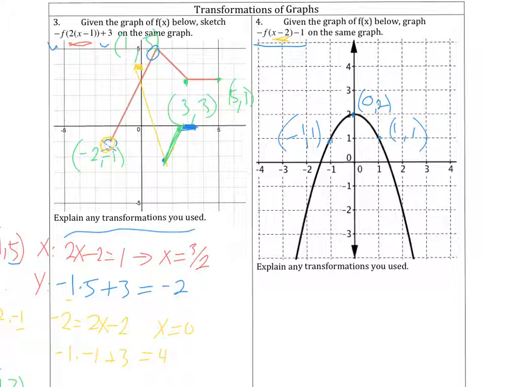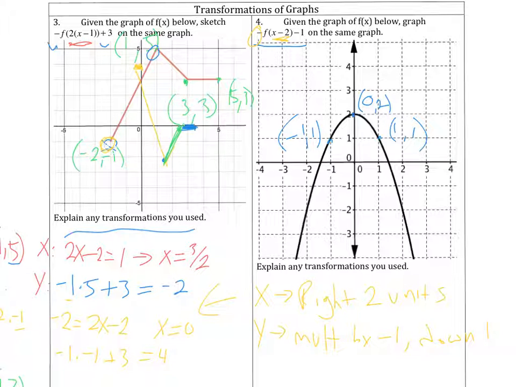That's going to be kind of the key to set off between doing something using this type of thinking or doing something using just the transformations. We do the x's and the y's again separately. So x's are going to be all the points right 2 units. The y values, I'm going to multiply by negative 1. And then after I multiply by negative 1, I'm going to go down 1 unit.